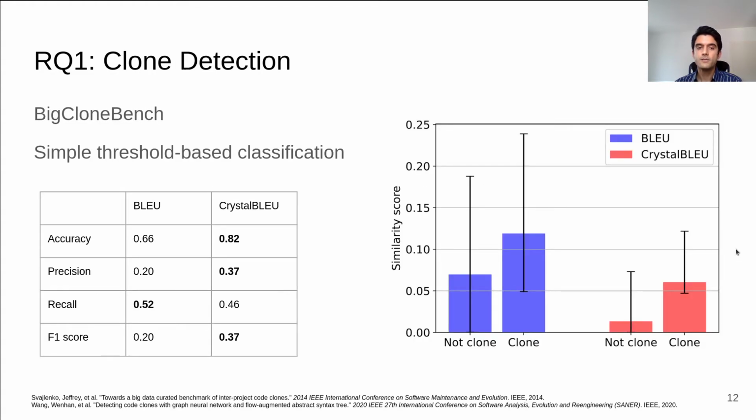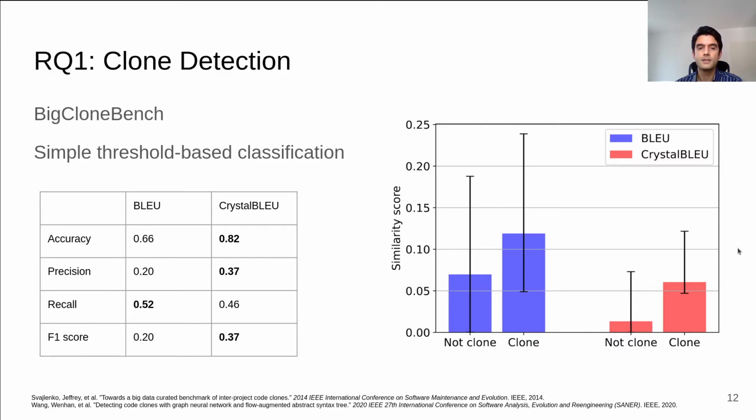To show it in a different context, we also did a simple clone detection classification. This is not supposed to beat the state of the art, but it's to show how well CrystalBLEU can differentiate similar and dissimilar code. We run this experiment on the BigCloneBench dataset, and we implement a simple threshold-based classification.